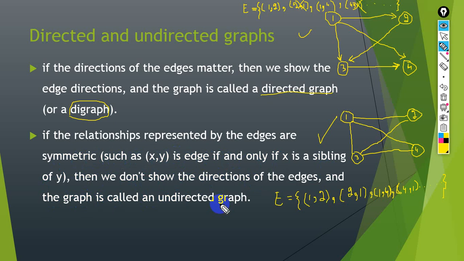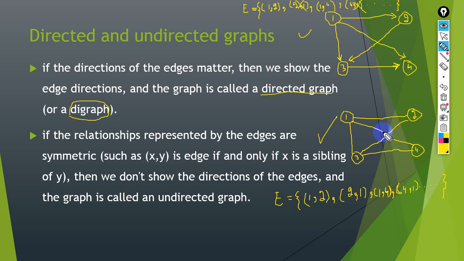So when we are not showing the direction of the edges, without the arrow, when we are connecting two nodes by using an edge and that edge has no direction, so there is no arrow used for the edge. In this case we can say that this is an undirected graph because here the direction is not important.